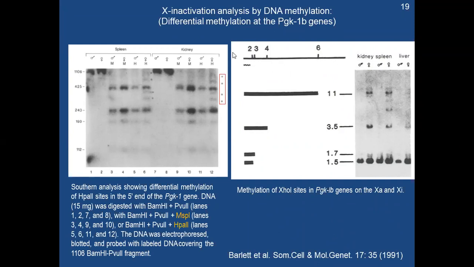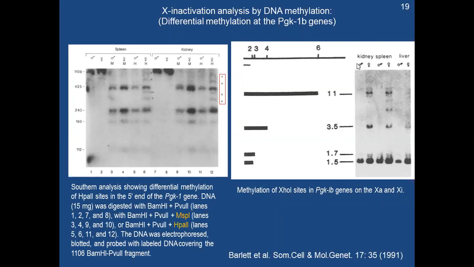Then we digest DNA using XHO1 from kidney, spleen, liver, male and female, and probe using this probe here. If this probe binds to this sequence here, then we see a band here. If it binds to this one, then we see a band here.